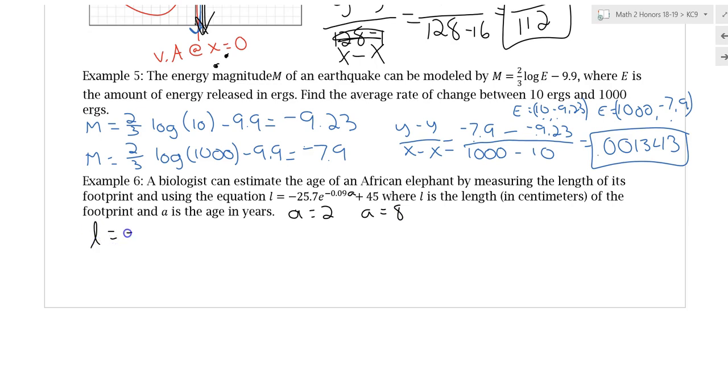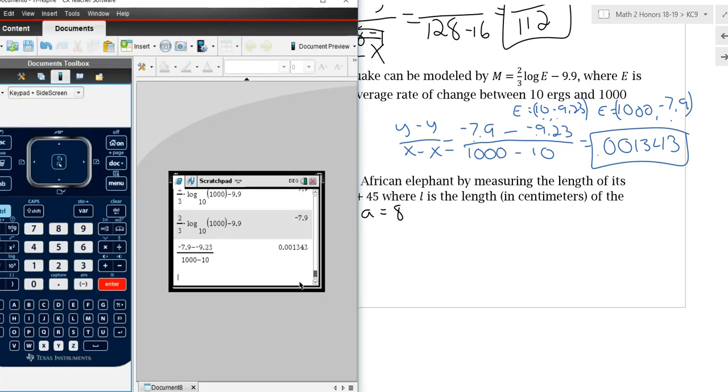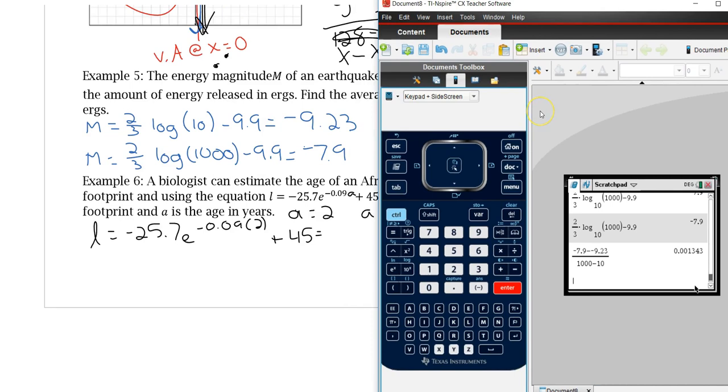So L equals negative 25.7 e to the negative 0.09 times 2 plus 45. I'm going to type that in my calculator. So we have negative 25.7 e, and there's this e to the x right here, so you could just click on that. Negative 0.09 times 2 plus 45.